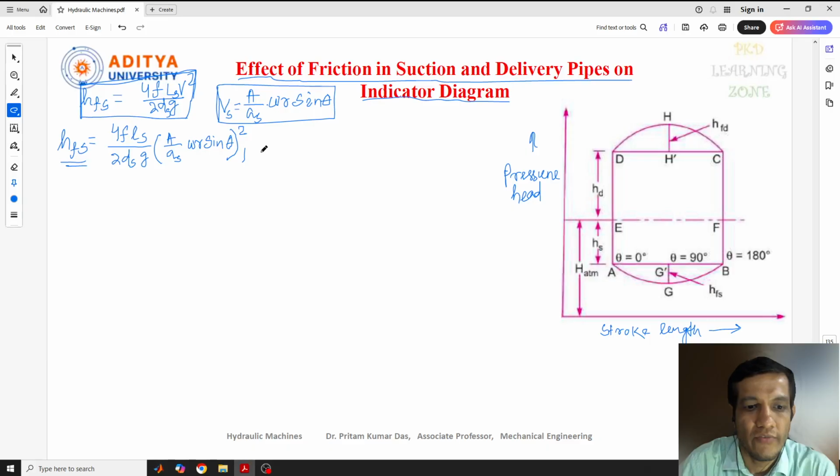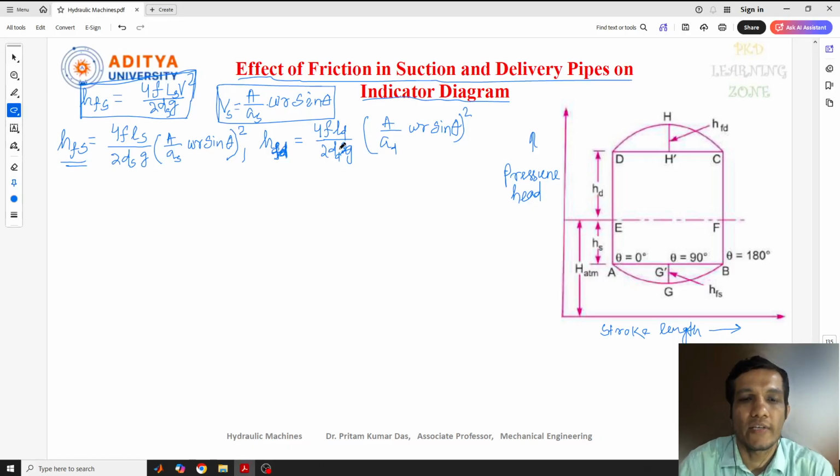Similarly, I can write the loss of head due to friction in the delivery pipe, which I'll mention as HFD, friction at the delivery pipe. We can write the same formula: 4FLD divided by 2 dD into G, into A by aD, omega r into sine theta, whole squared.